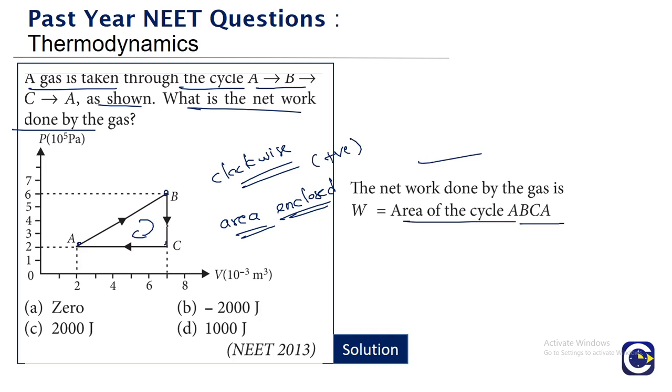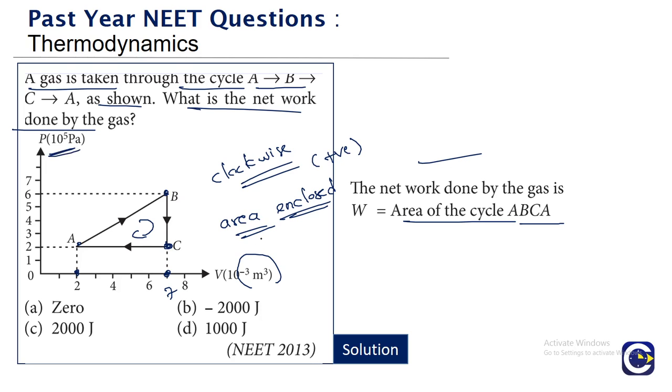This is a triangle, right? So what will be the triangle area? We have to look at the base. Volume has a multiplier of 10 power minus 3 meter cube. From 2, the base extends up to 7. What about the height? From 2, it goes all the way up to 6.